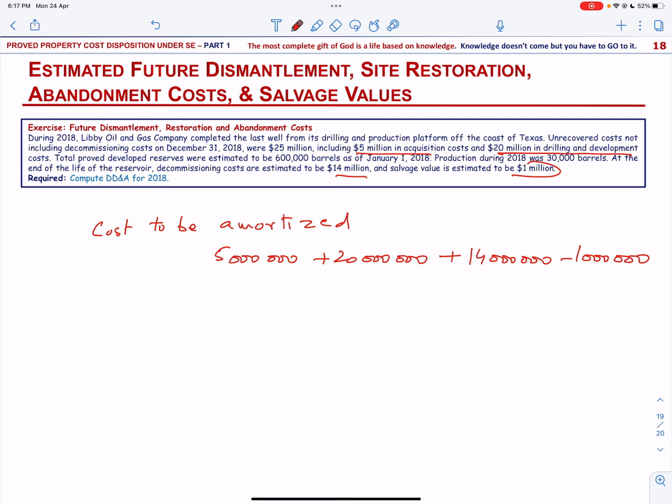So this is going to be equal to 25 and 13 is 38 million.